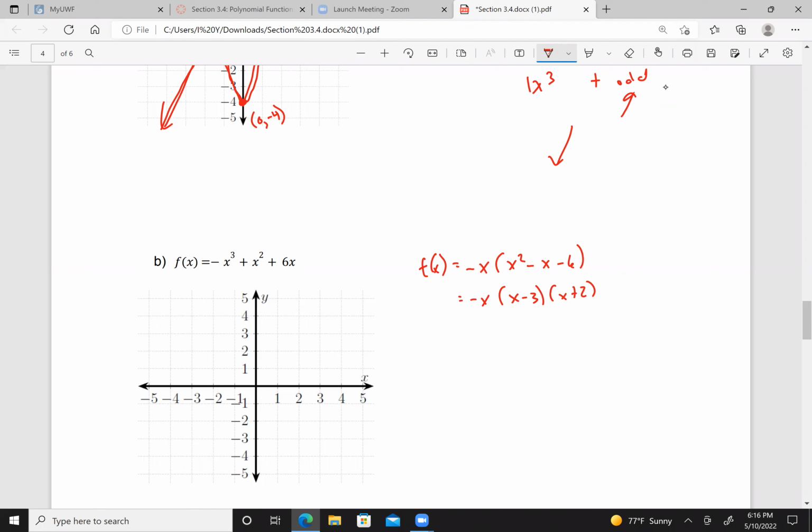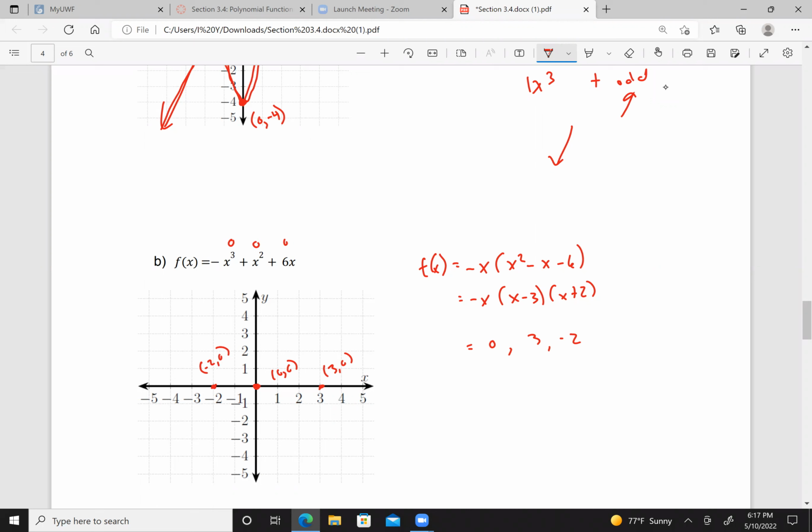Now going back to my original, if I plug in f of 0, I get 0. So my y-intercept is 0, 0. My x-intercepts are 0, 3, and -2.